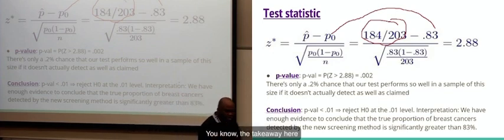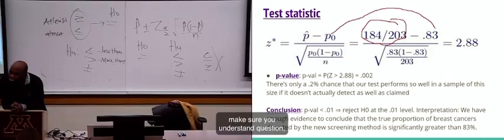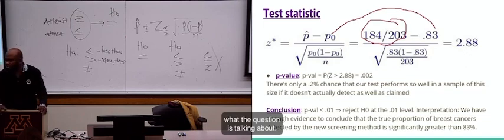The takeaway here is a claim can be in the null hypothesis, a claim can be in the alternative. What I will advise you to do is always make sure you understand the question. Internalize the question, digest it, try to understand what the question is talking about, because the whole thing is going to start from hypothesis formulation.